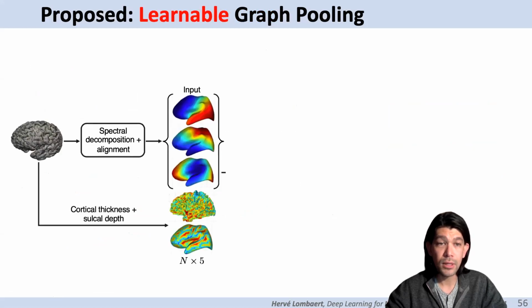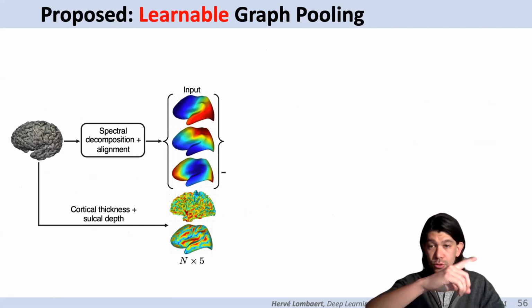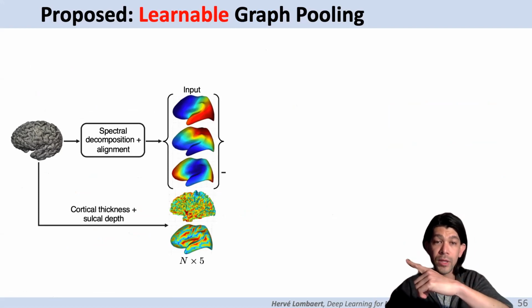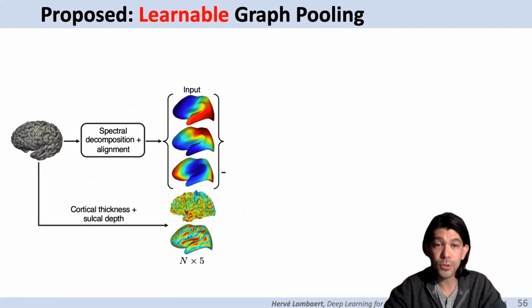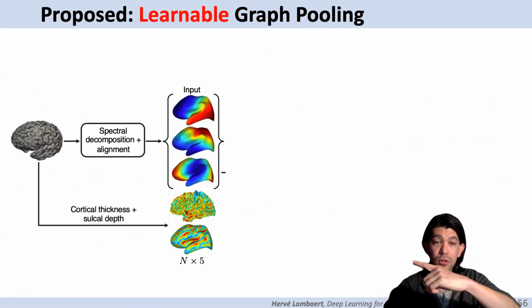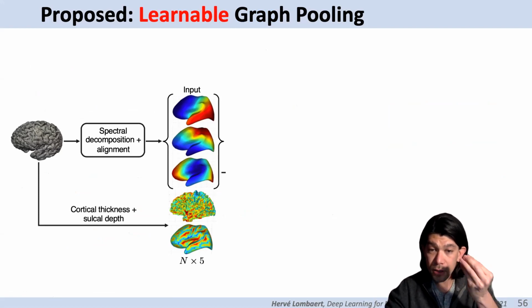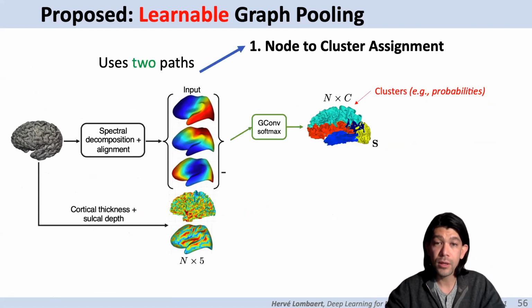For example, imagine from a brain, you can extract the spectral coordinates, the shape coordinates. Those are the top three eigenvectors, the colorful points. You can have extra data on the surface, for example focal depth and cortical thickness. That's data that lives on the surface as well.